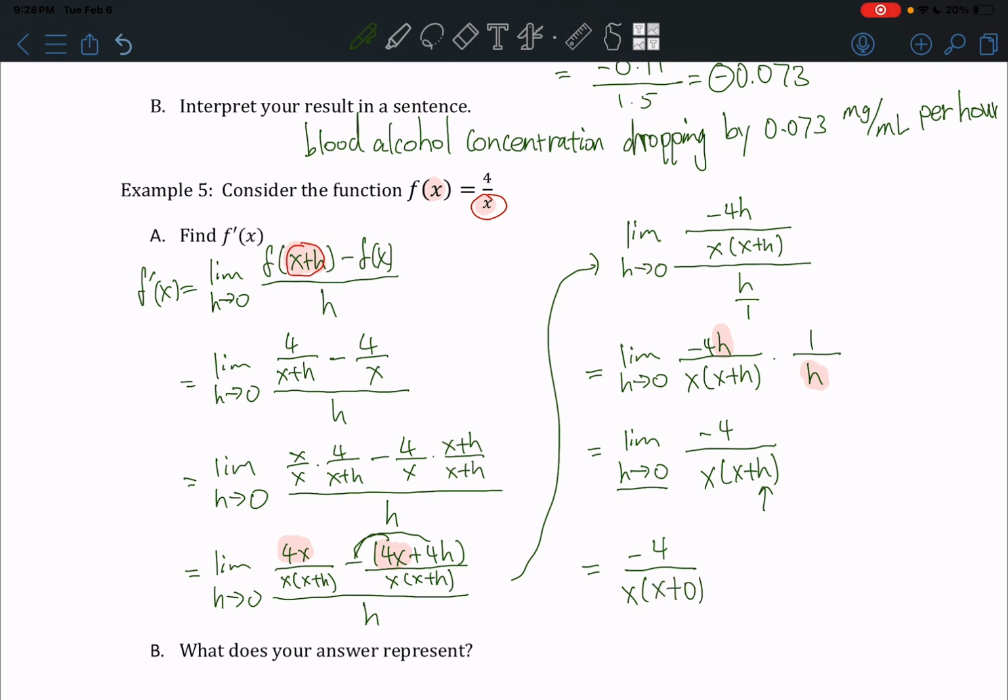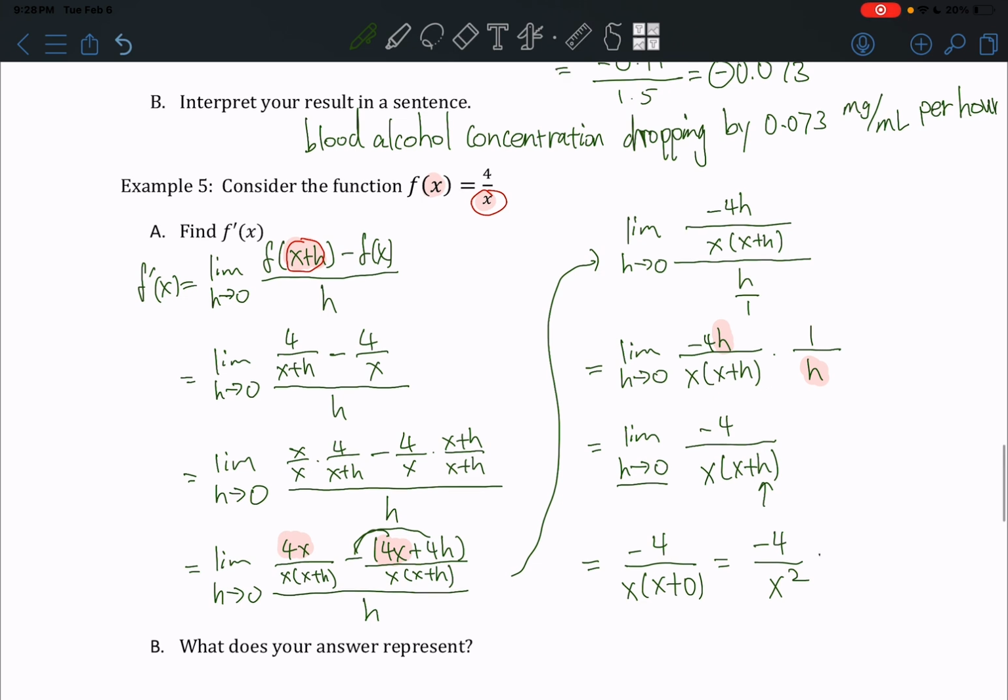Plug in h equals 0. Of course, x plus h is just x, so I really have negative 4 over x squared. And I'm done. So this right here is f prime of x.